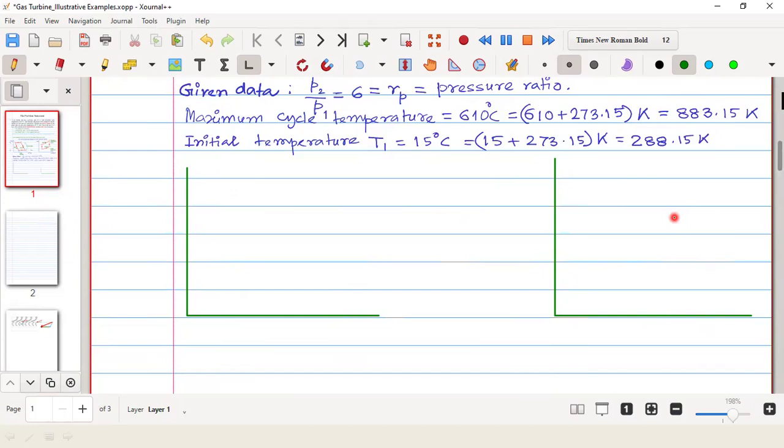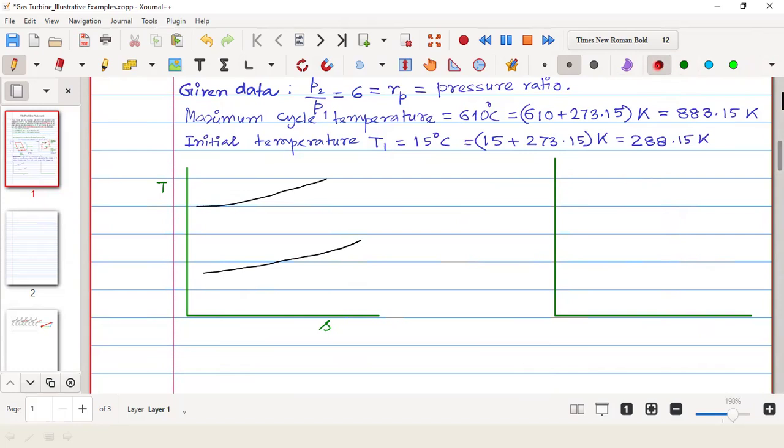I will show the isentropic efficiency in the TS diagram. So I will show the constant pressure lines because there is a change of pressure during the compression.